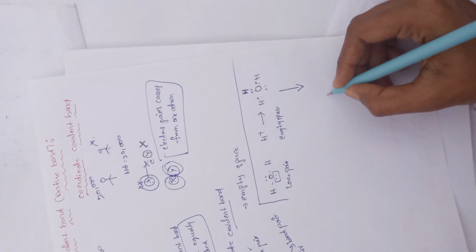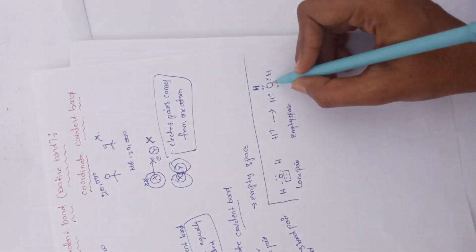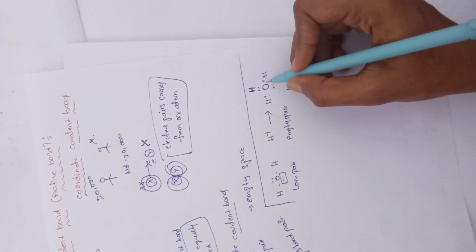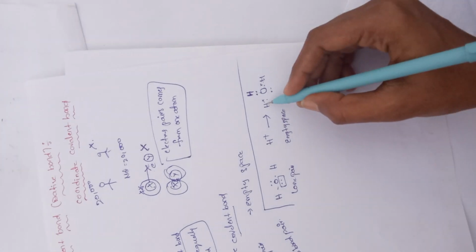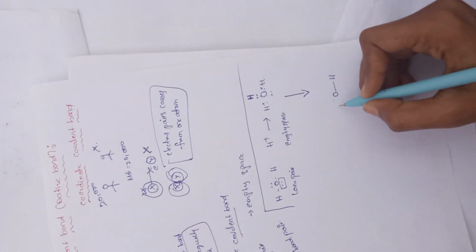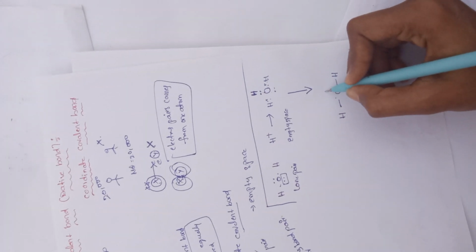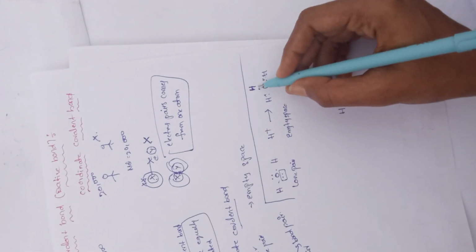How is the bond formed? Oxygen is there, and this hydrogen has one electron and oxygen has one electron. They will form one bond. Another hydrogen and oxygen form one bond, and this is the bond formed here.